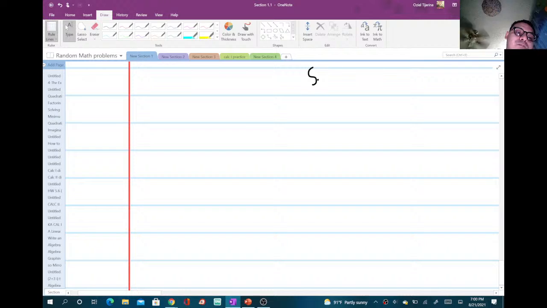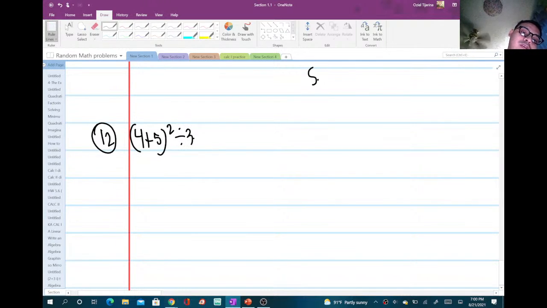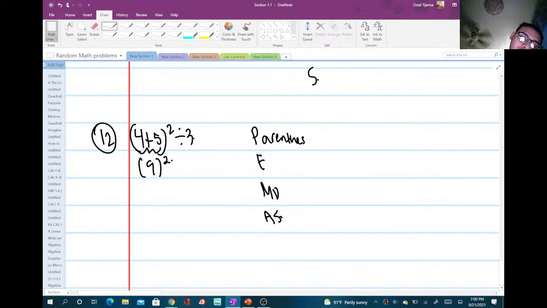Okay, the next one, number 12, says 4 plus 5 quantity squared divided by 3. So again, we're going to do what is inside the parentheses. This is 9, and then we're going to do squared. Parentheses is done.